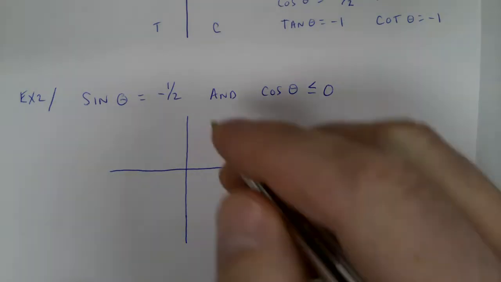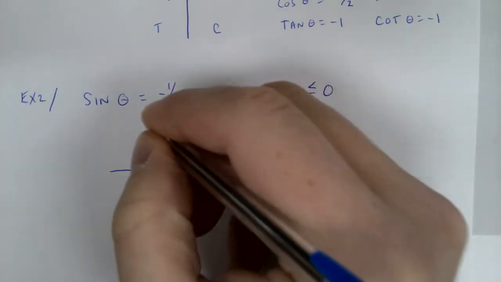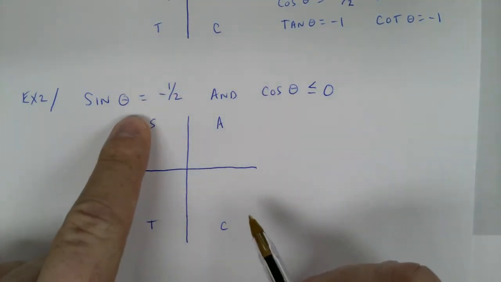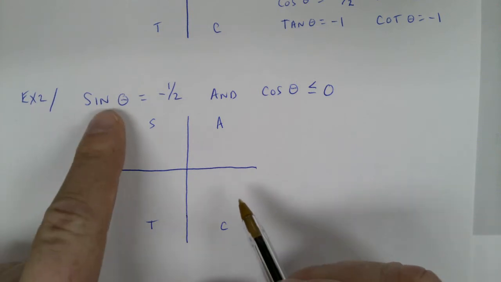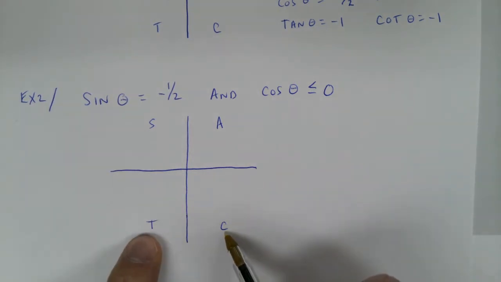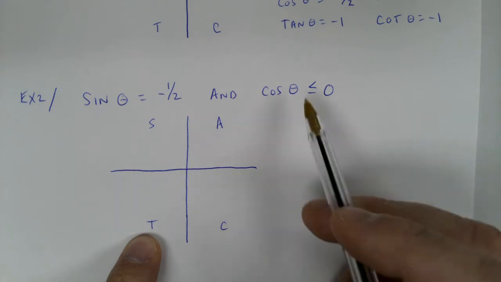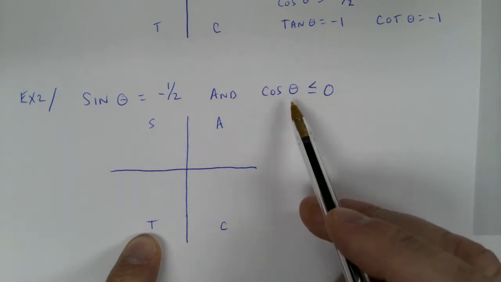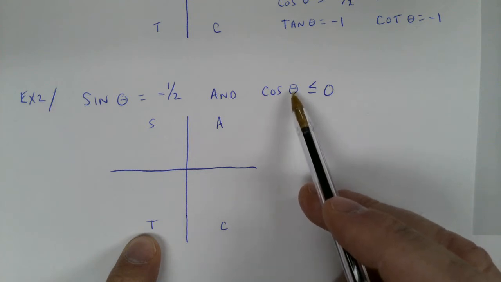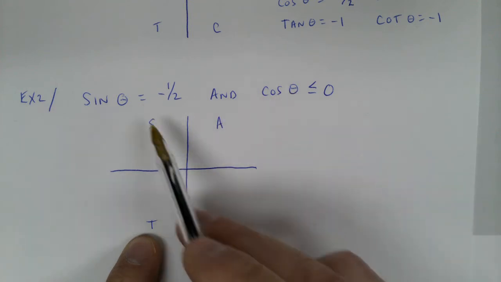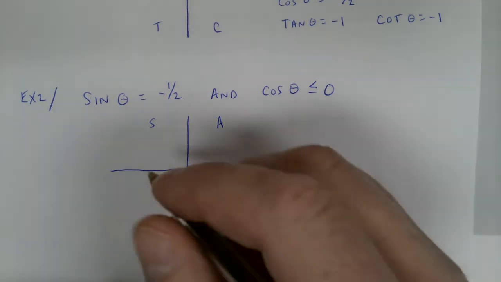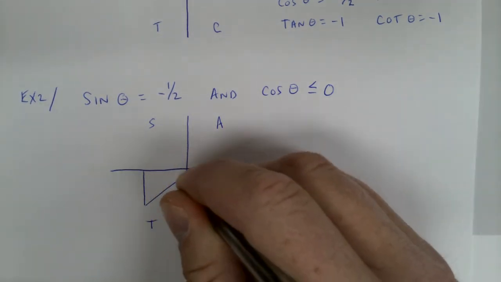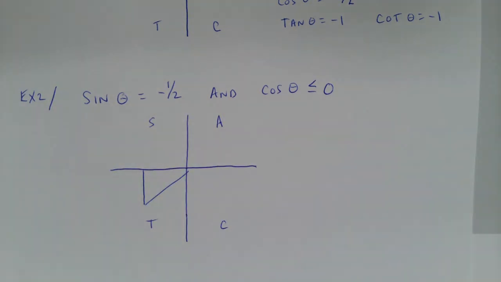I'm going to go through where we would draw the triangle here. Remember, all students think college. We know sine is going to be negative. The only places that sine is negative are the third and the fourth quadrant. They're also telling us that cosine is less than or equal to 0, so cosine is negative. The only place cosine is negative with relation to that is the third quadrant. So our triangle is going to be drawn here in the third quadrant.